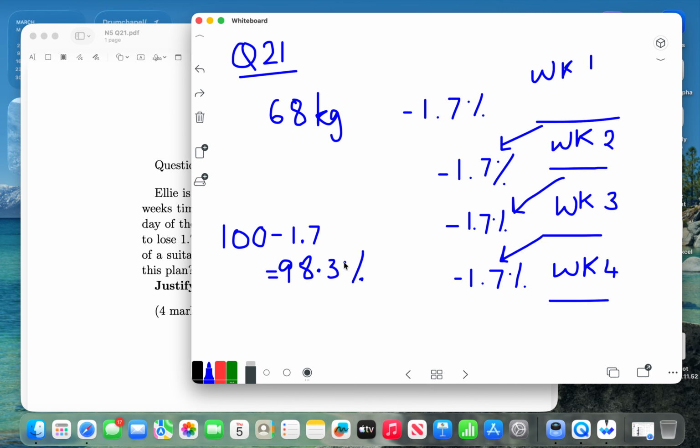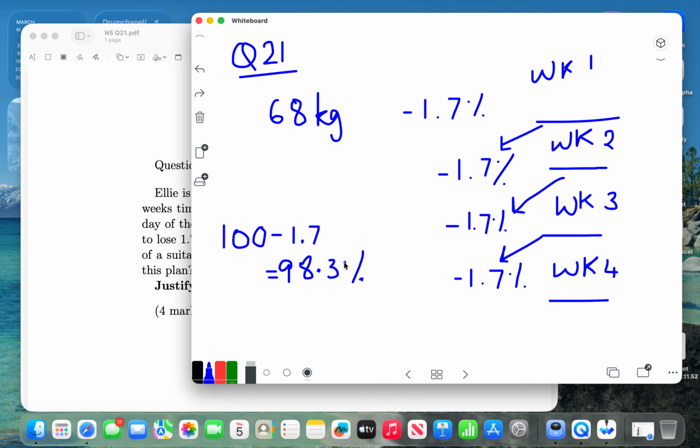So after 1 week, Ellie has 98.3% of the weight that she had the last week, because you've taken away 1.7%. You start with 100% and you then have 98.3.